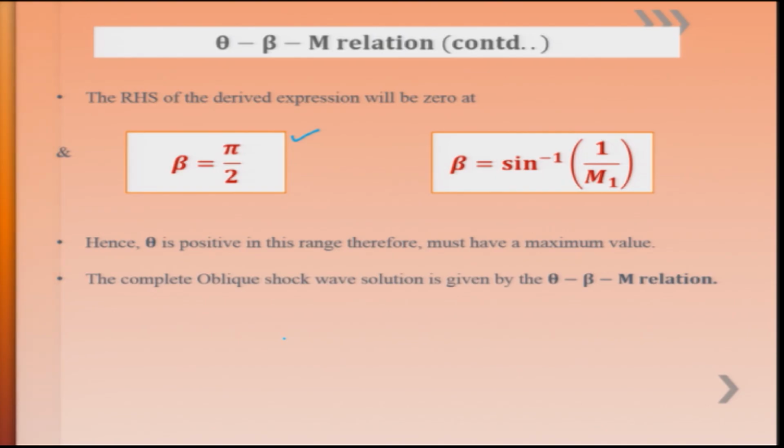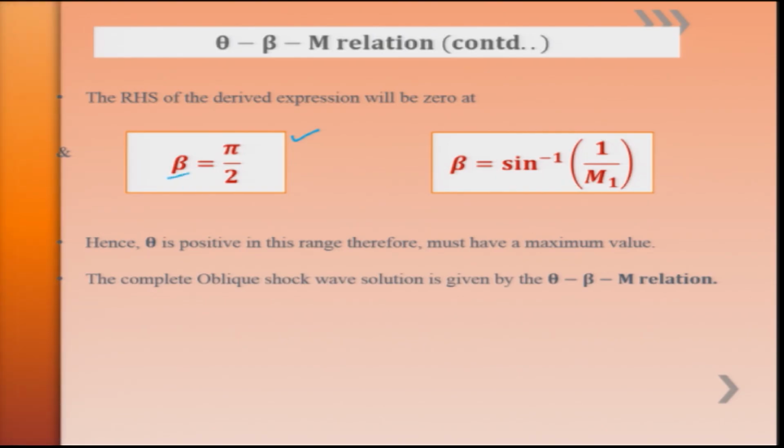Since between the shock wave angles of pi by 2 and sin inverse 1 by M1, that is, a normal shock wave and a Mach wave at the two extremes, I am having theta positive.